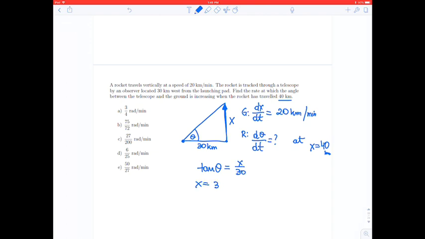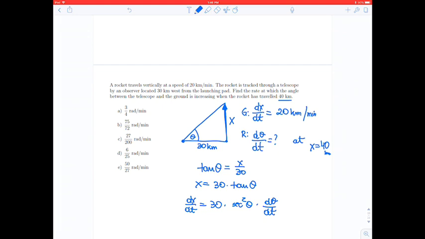X is 30 times tangent theta. And now I have to differentiate. Derivative of x is dx dt. 30. Derivative of tangent is secant squared theta d theta dt, because each quantity is a function of time.